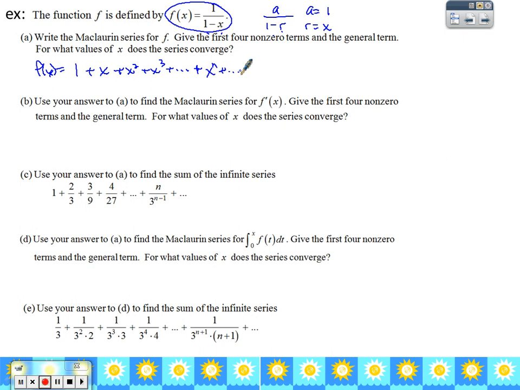To find out if it converges, what do we do? Remember, that's right, we use the exact same stuff we worked with yesterday. We use the technique from geometric series and we set the absolute value of r less than 1.